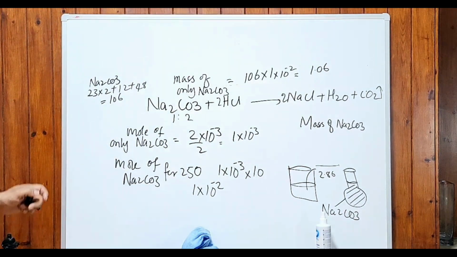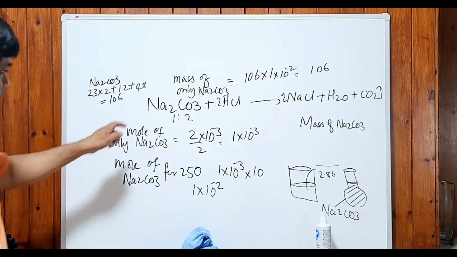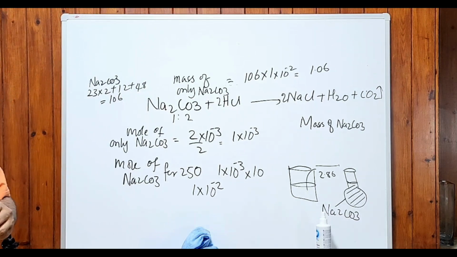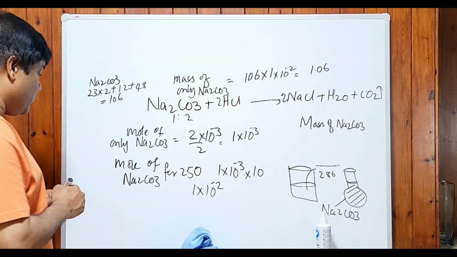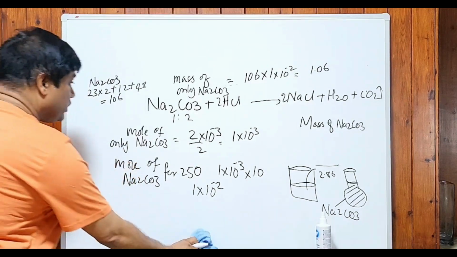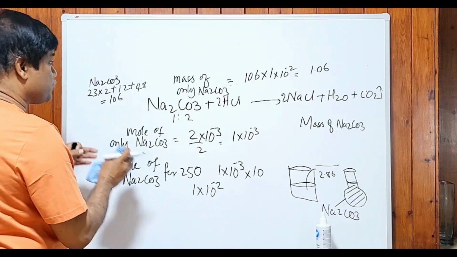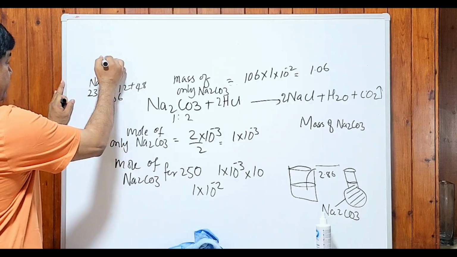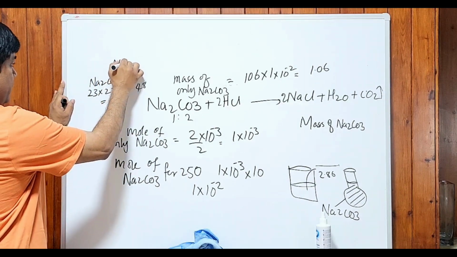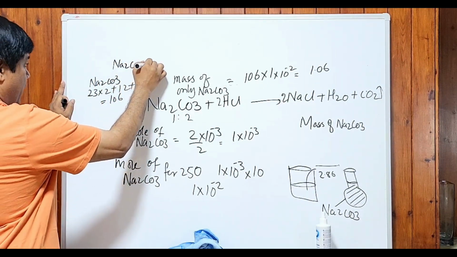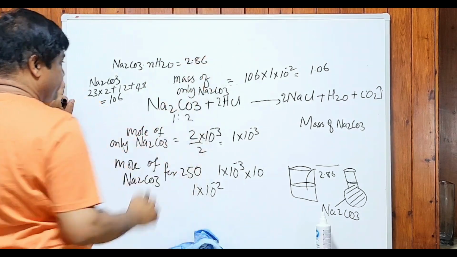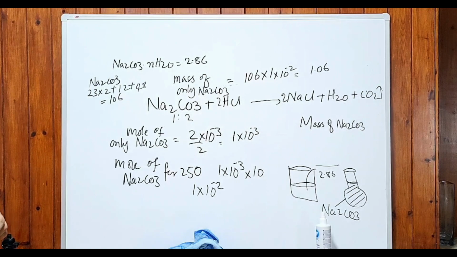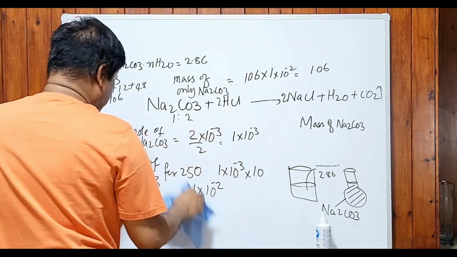We got the mass of only Na2CO3, and we know the mass of hydrated salt. What's the mass of hydrated salt? It is given in the question, hydrated salt Na2CO3.nH2O equals 2.86. Agree?